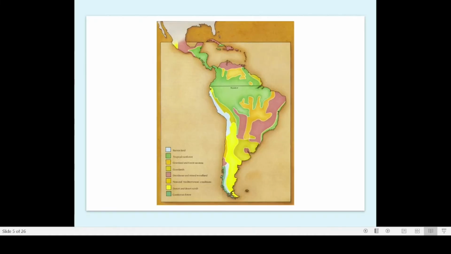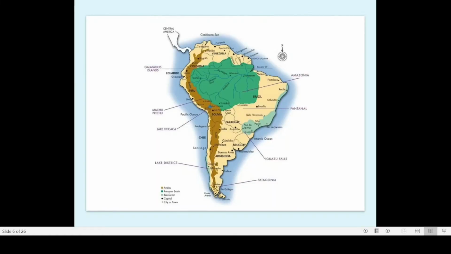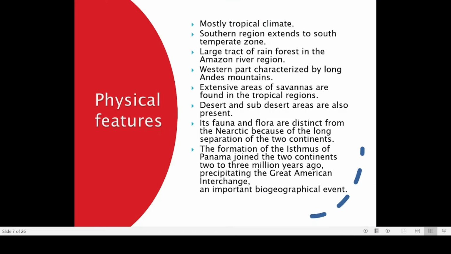Now we will go to the remaining portion of the physical features. Going to the physical features, most of the South American region is included in the tropical climate. You may remember the important features of the tropical climate.